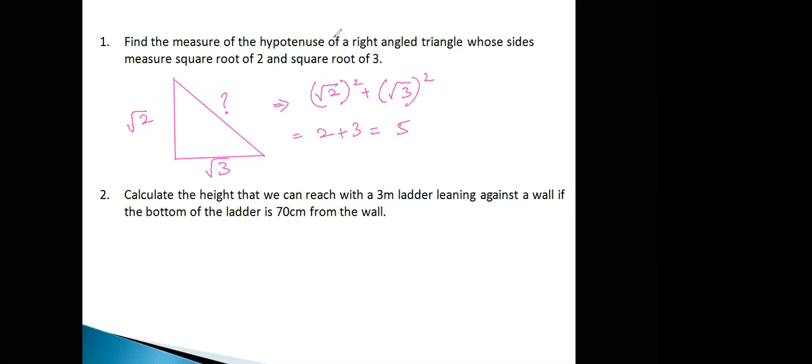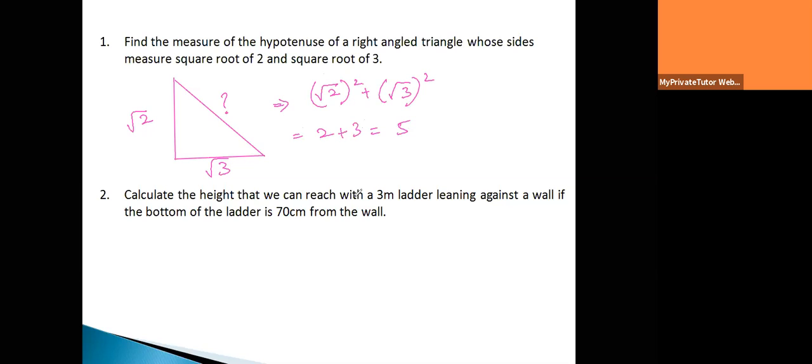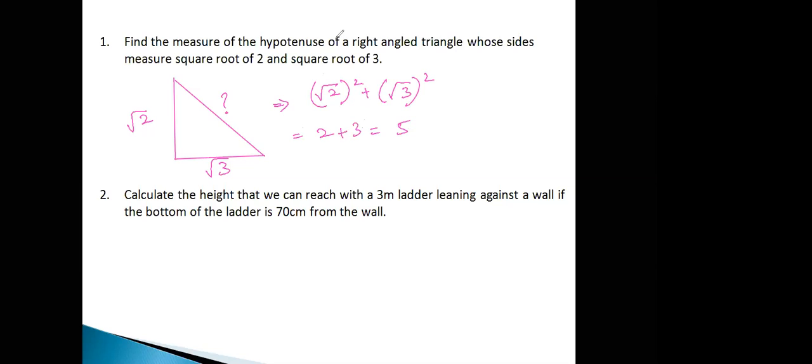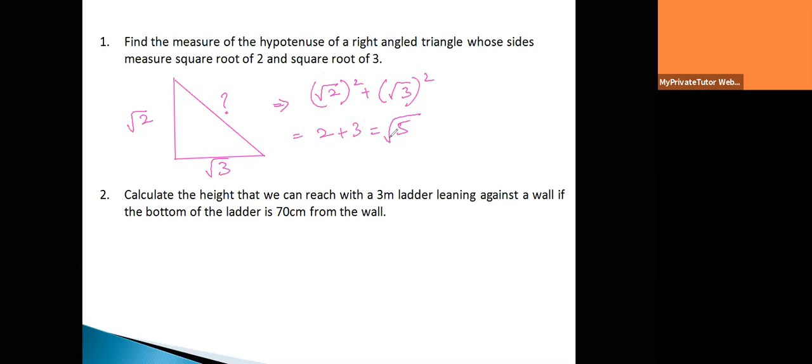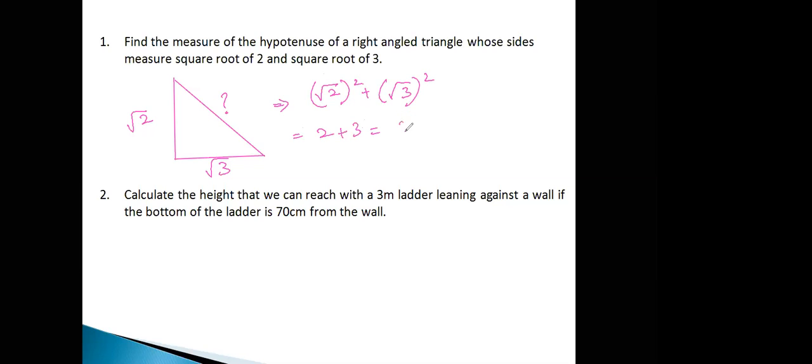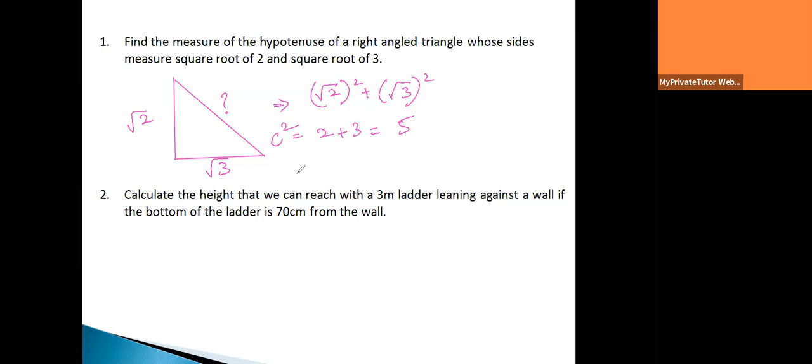Sir, my answer is coming 5. 5, right? Yeah, same as that. I think you have to take the square root of it. Okay, that's nice. So c square equals 5, so c equals square root 5, guys. Thank you, Anna.